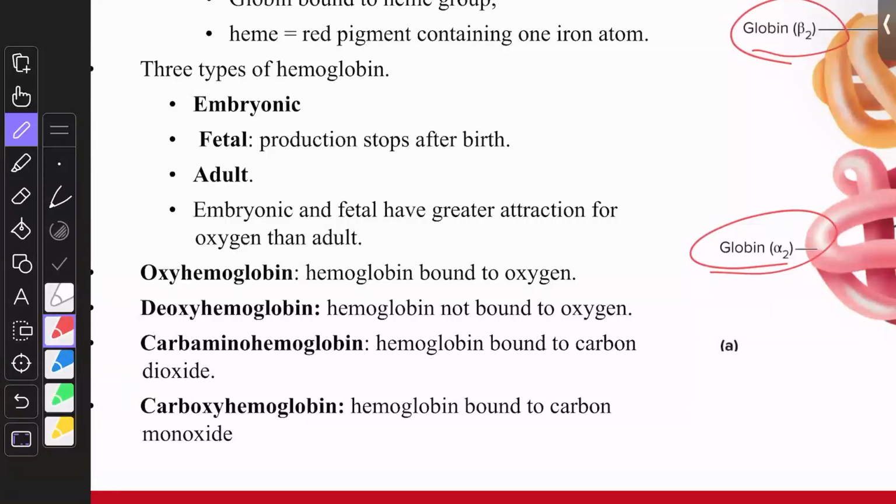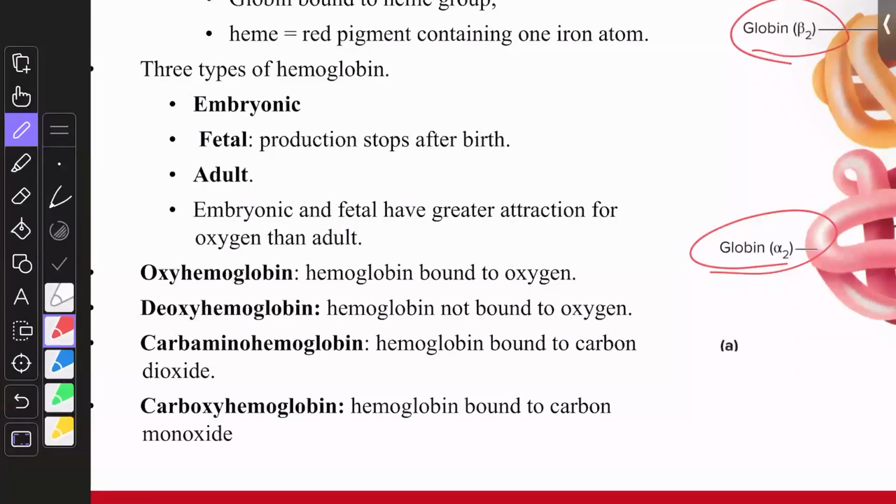So if the hemoglobin molecule has oxygen bound to it, it would be oxyhemoglobin. If the hemoglobin has given up its oxygen and it's just hanging out in the world, empty and naked, what are we going to call it? Deoxyhemoglobin.